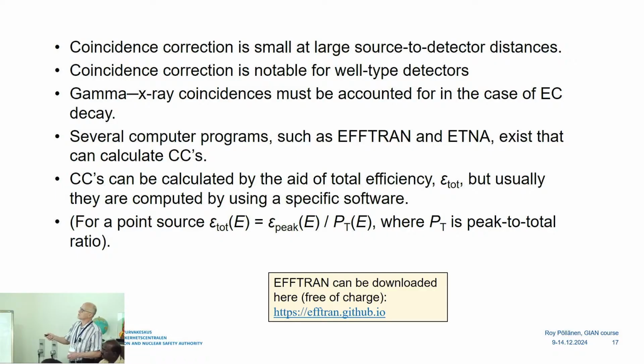Coincidence correction is notable for well type detectors. In well type detectors, there is a hole in the detector into which you can put the sample if you want.